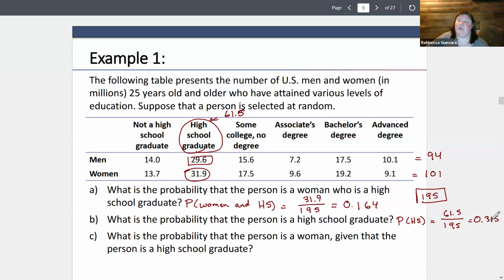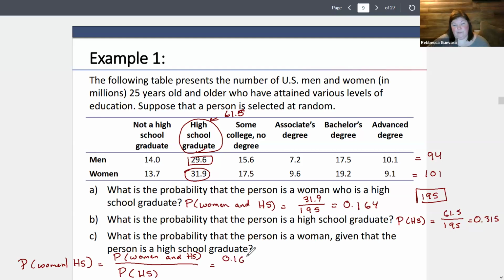So the next question, we got to pay attention to what part's the given. What is the probability that a person is a woman given that the person is a high school graduate? So we're looking for woman given high school. What I'm really looking at is, if I look at just high school graduates, what's the probability that I'm finding women. So this is women in high school over the probability they're in high school. You could use the decimals if you wanted to, but that's going to give you kind of a rounded answer.